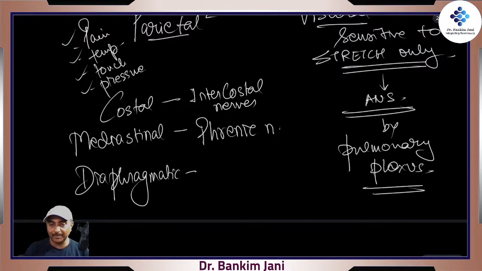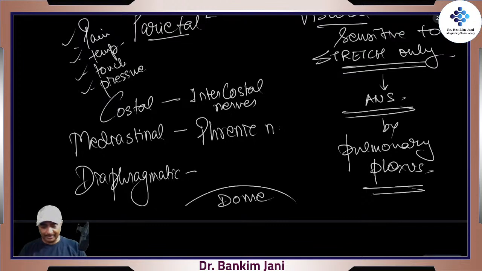What about the diaphragmatic? Diaphragmatic is very specific. This is the dome, and this dome is on both sides, right dome and left dome. The middle of the dome is supplied by the phrenic nerve. And what about the circular sides?